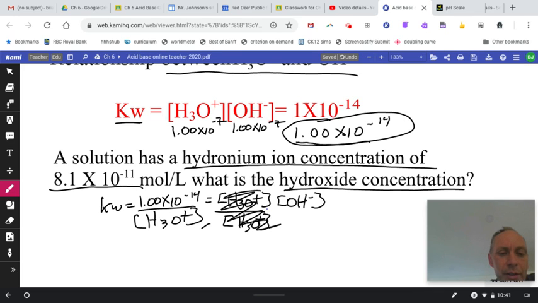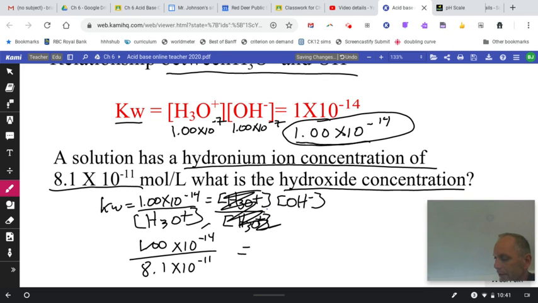Now I just have to plug it in. So 1.00 times 10 to the minus 14 divided by 8.1 times 10 to the negative 11, and put it in my calculator. The answer, I love this number, believe it or not, is 1.23456 times 10 to the negative 4.